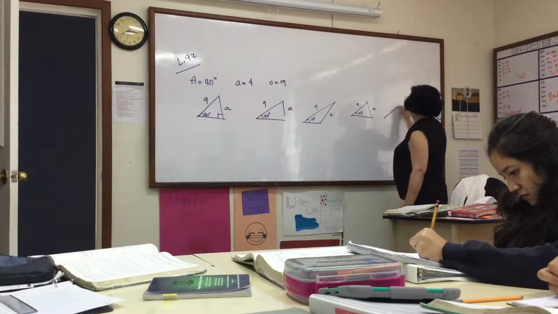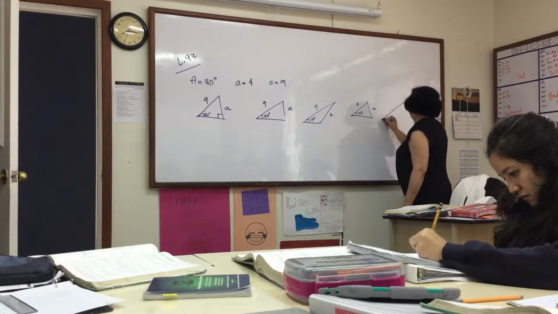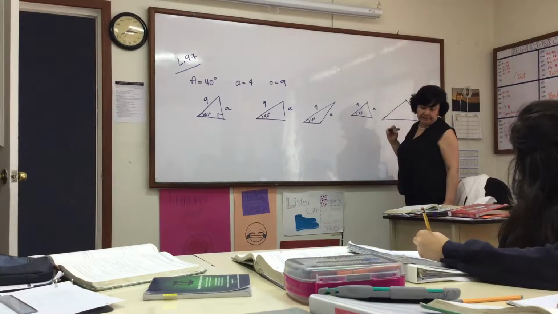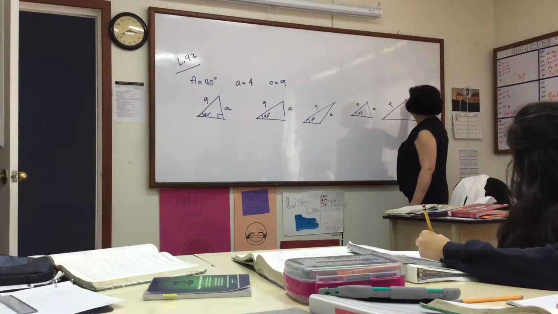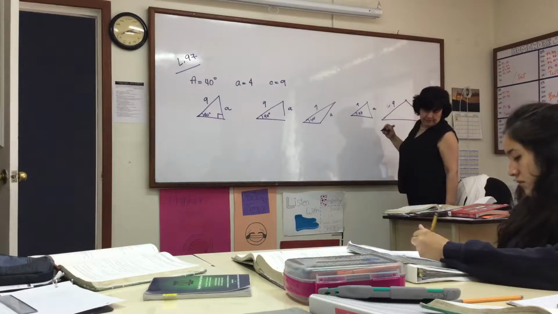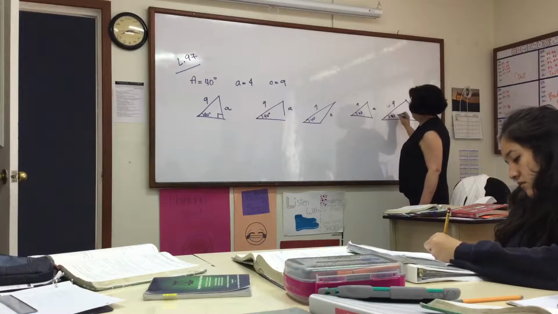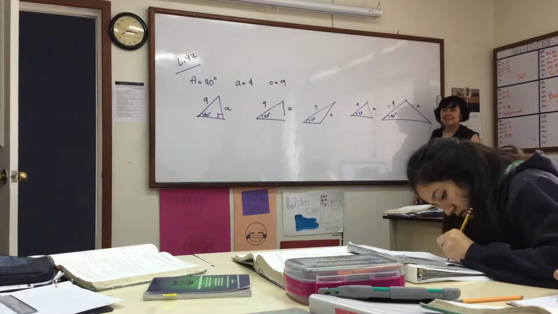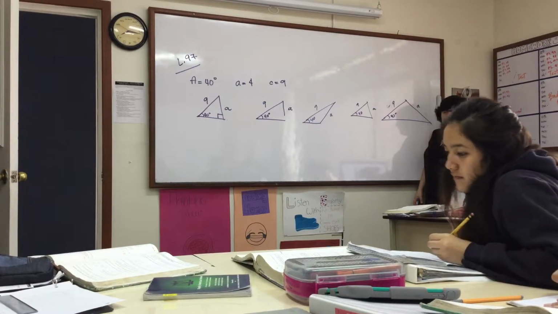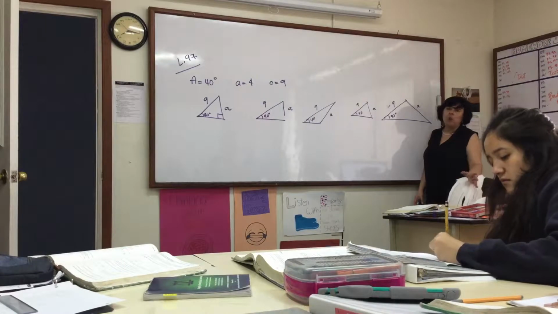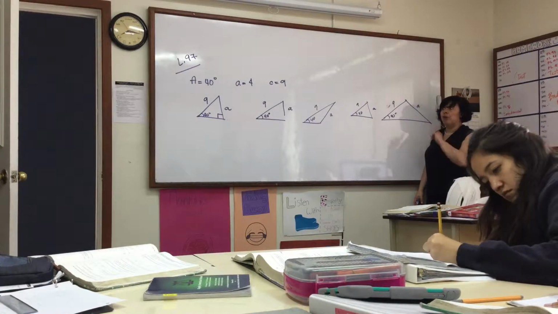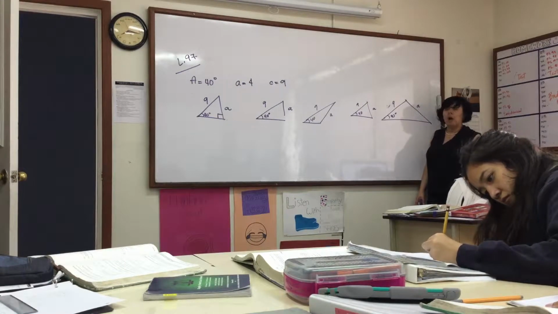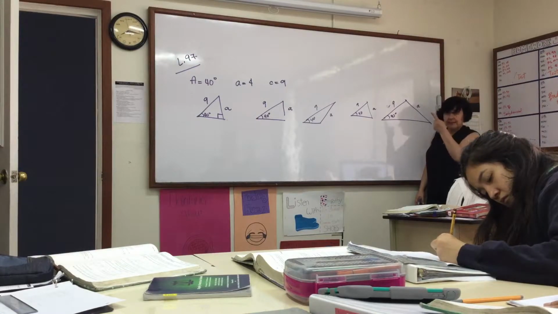Another option for obtuse is where the 9 is not the longest side. Notice that the A is always opposite the angle that we get, of 40 degrees, okay? So now we have to see, out of all these choices, which one that is.